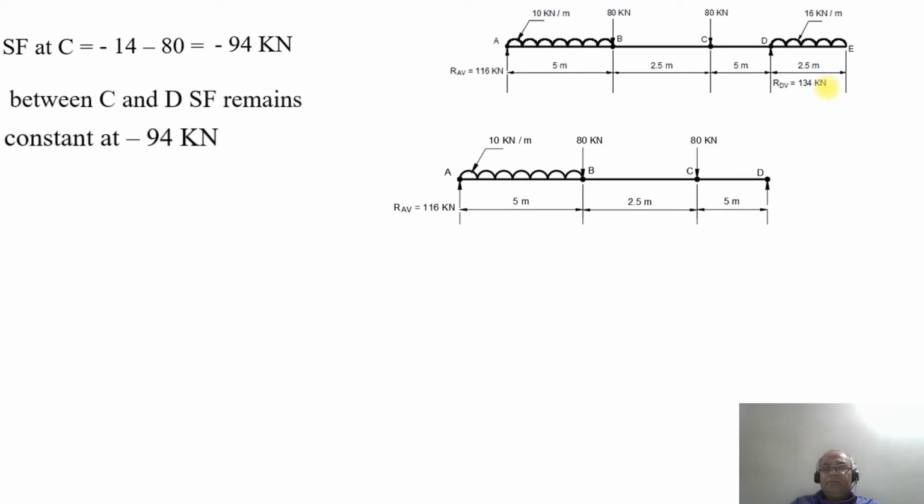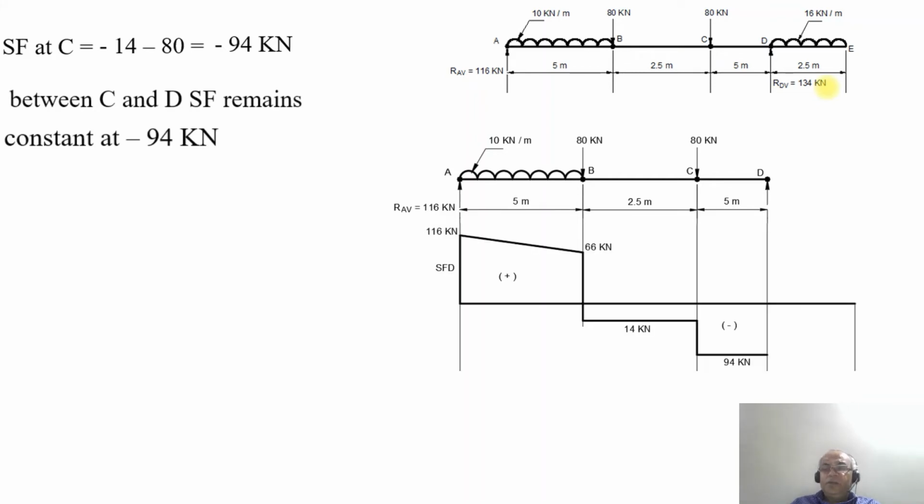Between C and D, as there is no other load acting on the beam, it remains constant at minus 94 kilonewton. Due to the point load, SF drops from minus 14 to minus 94 kilonewton.